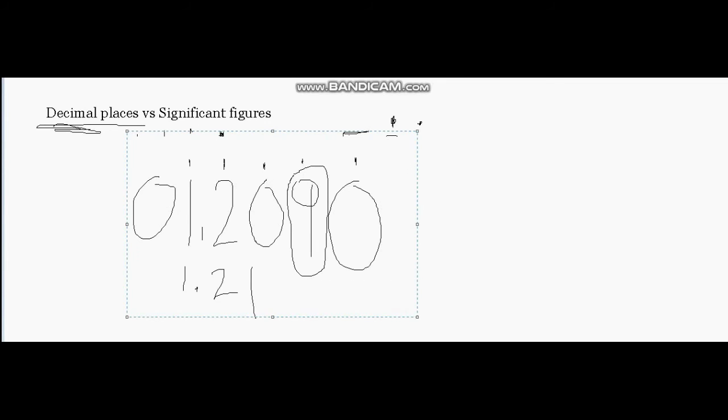Now let's do standard form. Standard form, sometimes called scientific notation, is a great way to write numbers that are very large. Say we have a number 1,200,070.